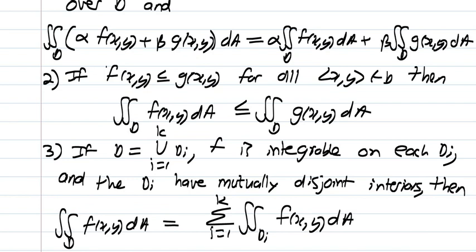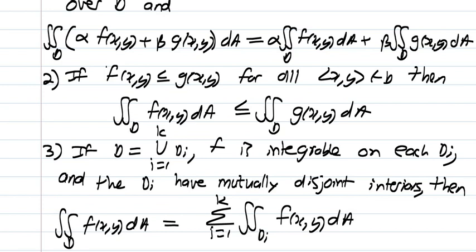If D is a union of Di, i going from 1 to k, so D is a union of k other regions, and if f is integrable on each of these regions, and the Di's have mutually disjoint interiors. So the simplest way to think about this is that an example of mutually disjoint interiors would be when you pick any two regions Di and Dj, they don't have any points in common if i is not equal to j.